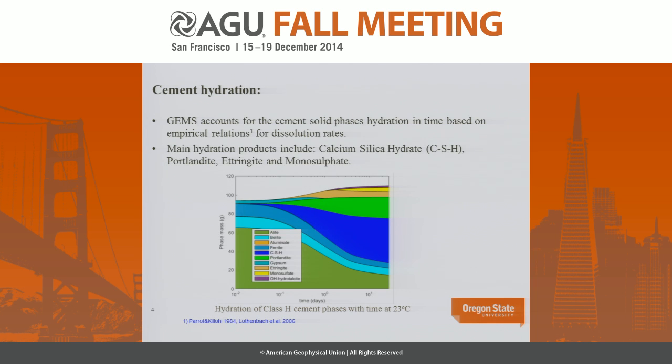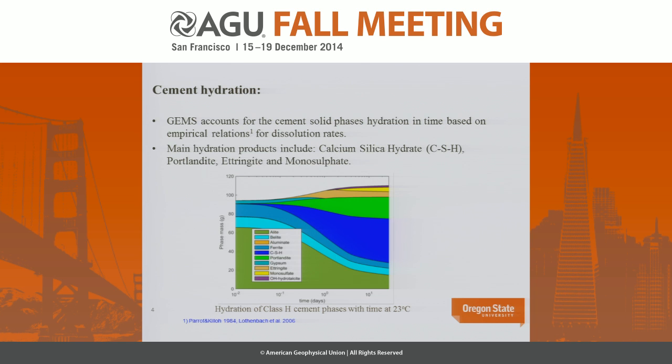The result of hydration would be calcium silicate hydrate, which we call CSH from now on, and the cement chemistry phases portlandite, ettringite, monosulfate, and some other phases which are not major. In the figure, we have a log scale on the horizontal axis showing time, and different solid phases are dissolving and different products are seen here.